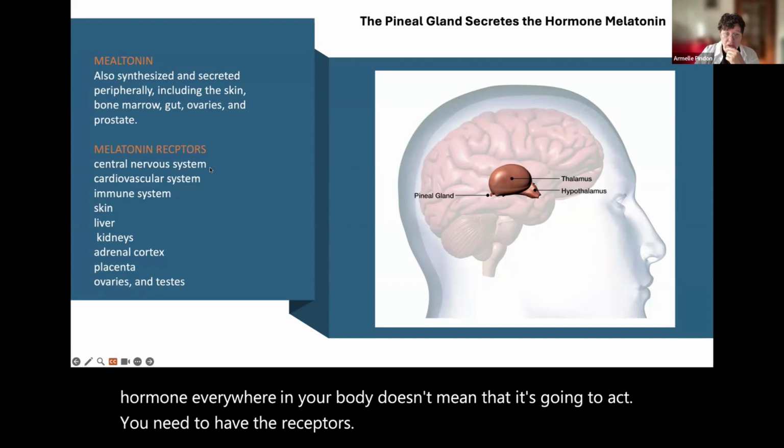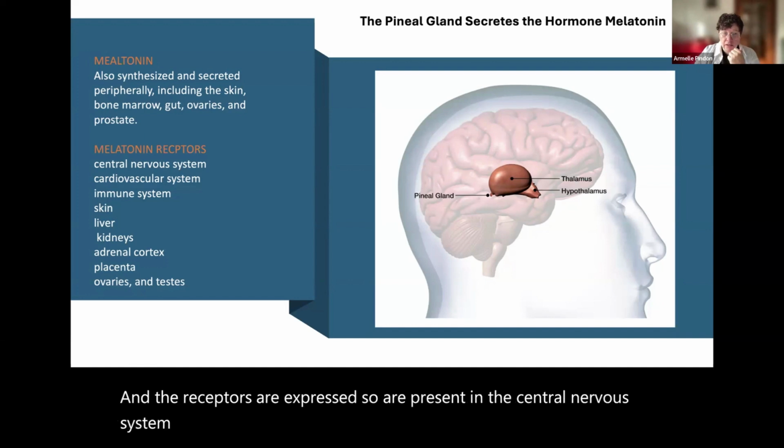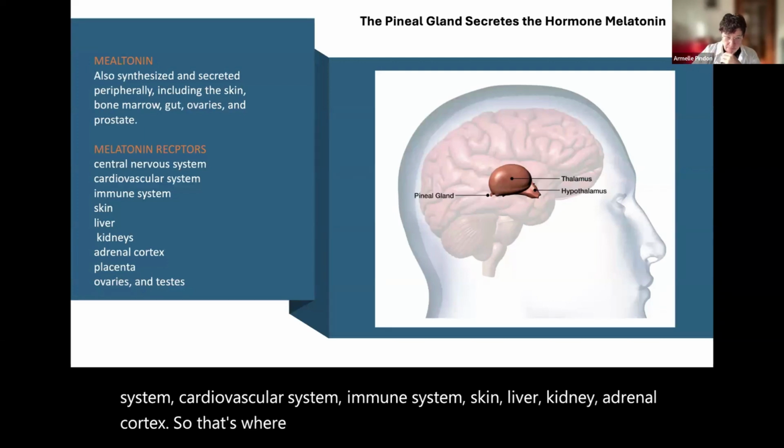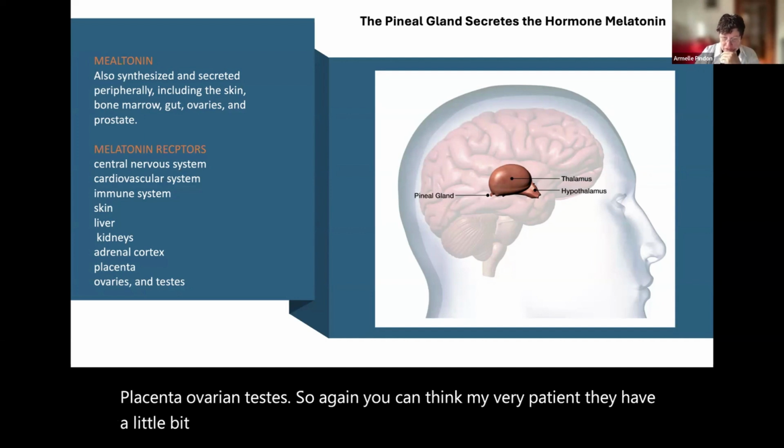And the receptors are present in the central nervous system, cardiovascular system, immune system, skin, liver, kidney, adrenal cortex, so that's where you have the stress, placenta, ovaries, and testes. So again, you can think, well, Myhre patients, they have a little bit of all these issues.